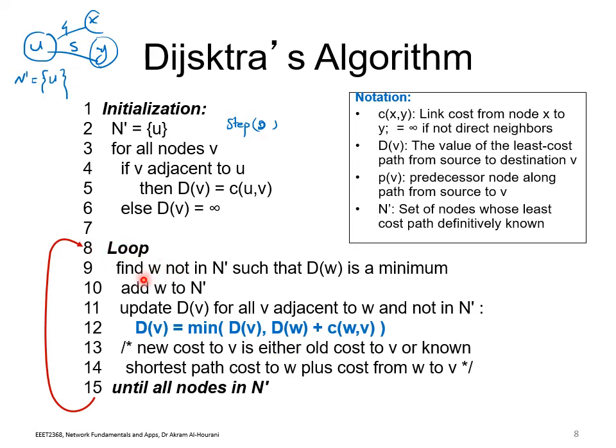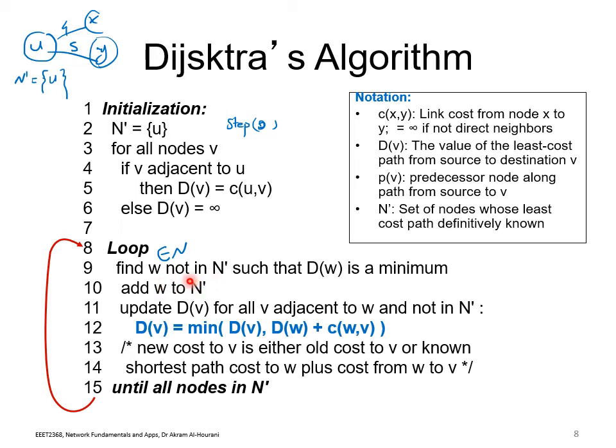In the loop, we pick W, which is not yet in N prime. So W belongs to N, but is not yet in N prime. If we find that D(W) is a minimum, we add it to the N prime list.